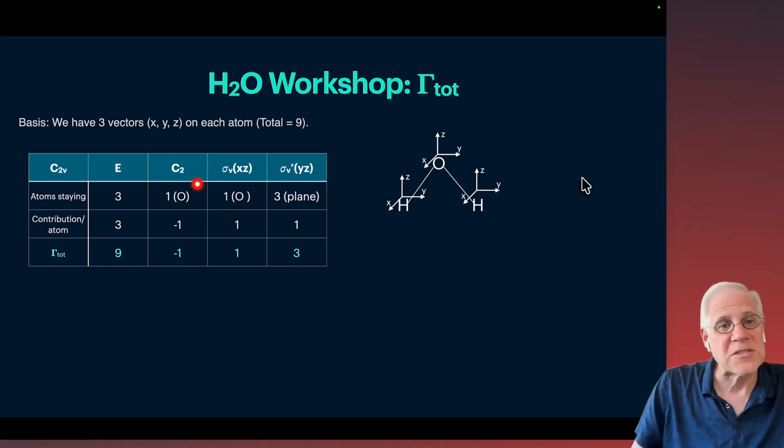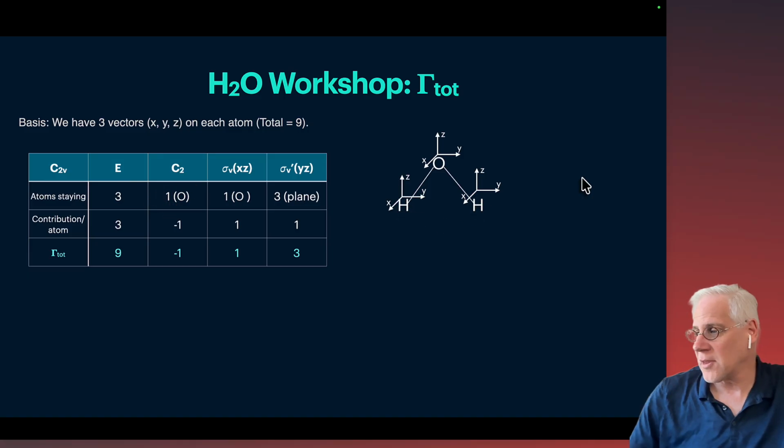When we do a C2, our character is only going to be 1, because this H becomes that H. Remember that our C2 axis is going to go right through the oxygen. This H goes around to that H, and so only the oxygen remains in place. So our C2 character here is just going to be 1, and that's O for oxygen.